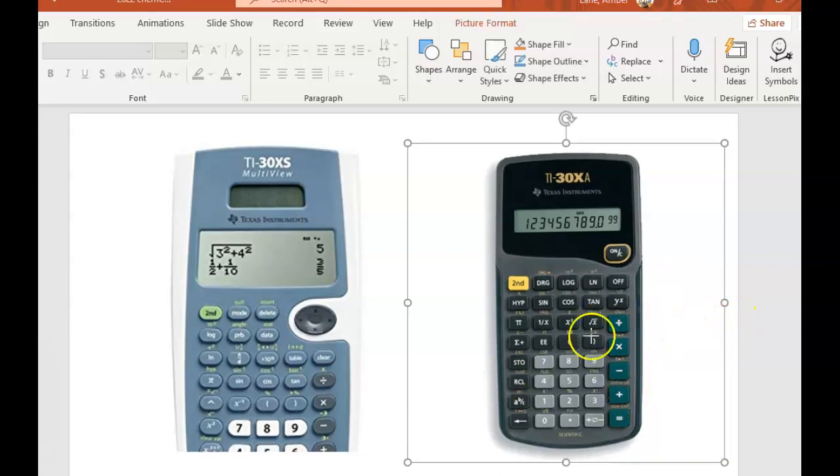Like 2.35, double E is times 10 to the 9th would be your exponent, divided by 9.2 double E to, let's say, negative third, is equals to. So what you're looking for on this is the double E, and again, it gives you the times 10, and you have to key in that exponent.